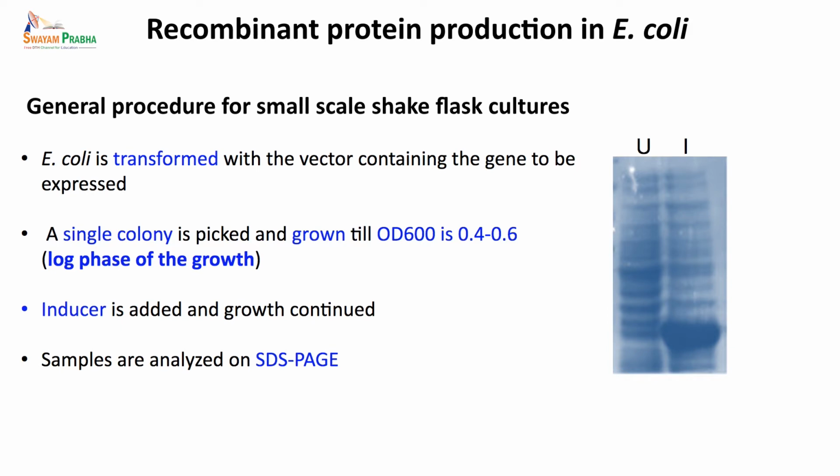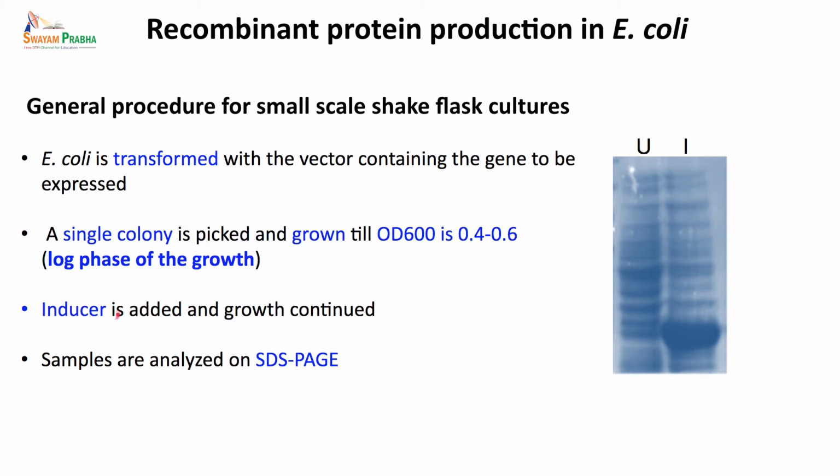Because if they have to overexpress a protein, then they have to use a lot of their internal resources, the amino acids, the tRNA, the ribosomes, not only for their growth but also for the production of the protein. So it is a metabolic burden on E. coli. So it is very important that the culture is induced when it is in the log phase of the growth, because that is the healthiest phase of the culture.